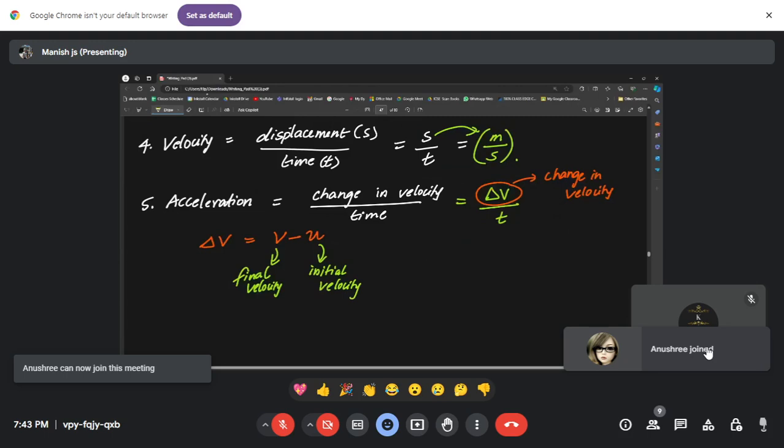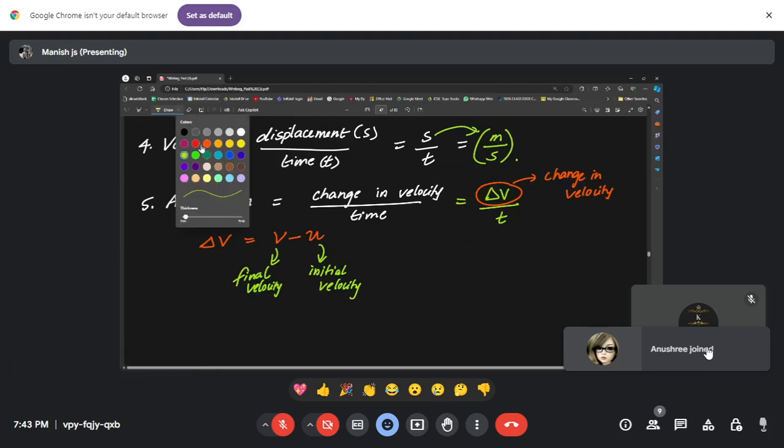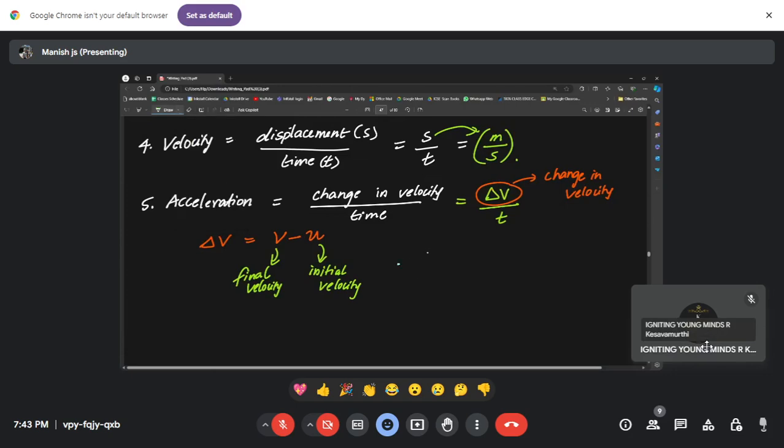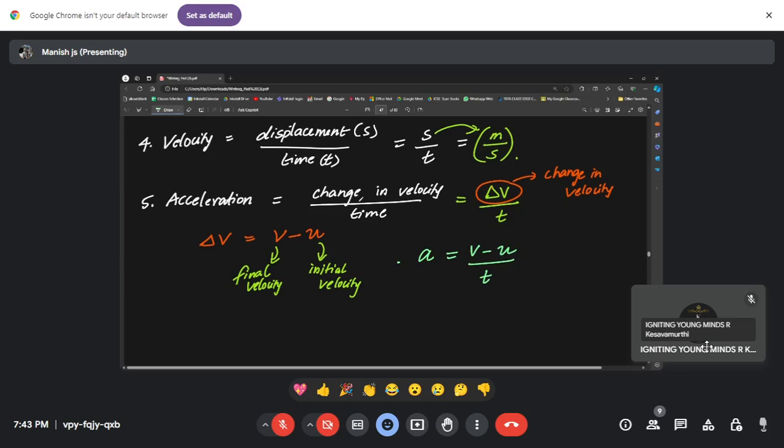So therefore, you can write the formula for acceleration as a equals v minus u upon t.